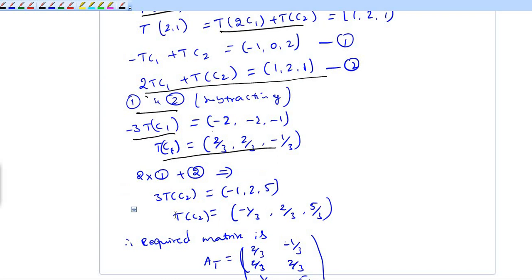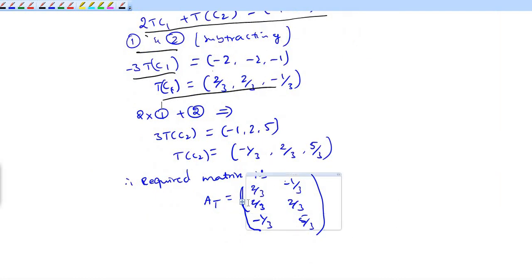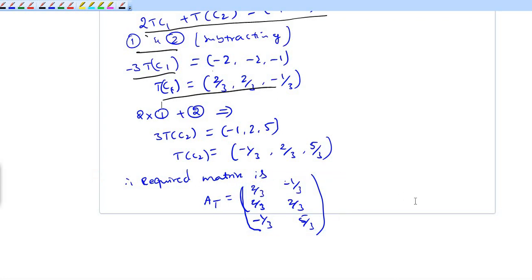So T of c2 is equal to (-1/3, 2/3, 5/3). Therefore the required matrix of transformation is given by A, and we write the transpose of this: 2/3, -1/3, and so on, 2/3 and 5/3. So in this way we find the matrix of linear transformation.